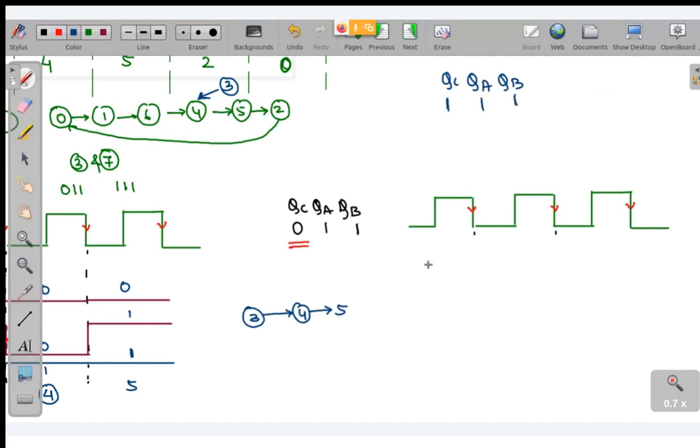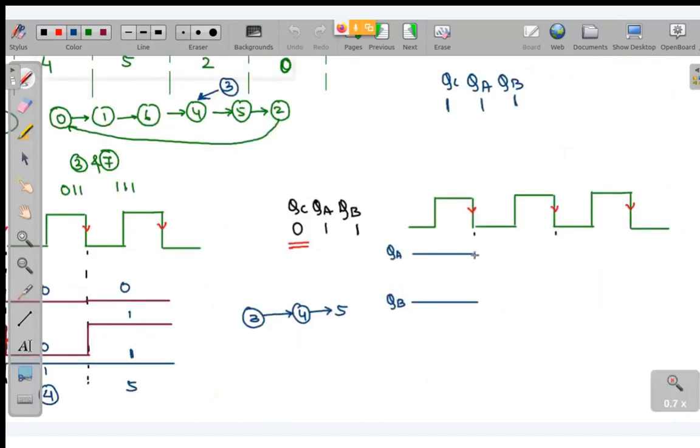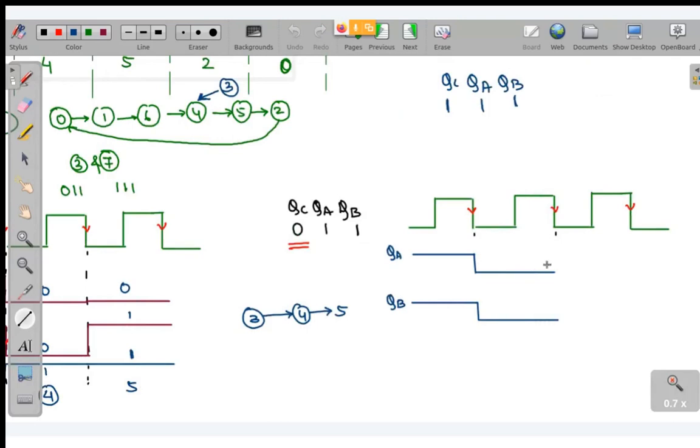So QA will be 1 and QB will be 1. When QA, QB is 1, 1, we go to 0, 0, so both will come to 0. Again from 0, 0, we go to 0, 1, so QA will still be 0 and QB will be 1.